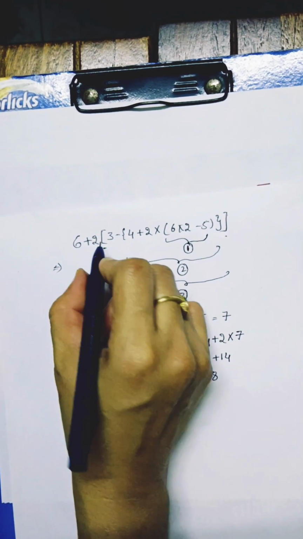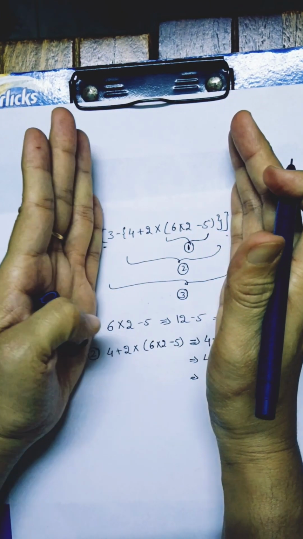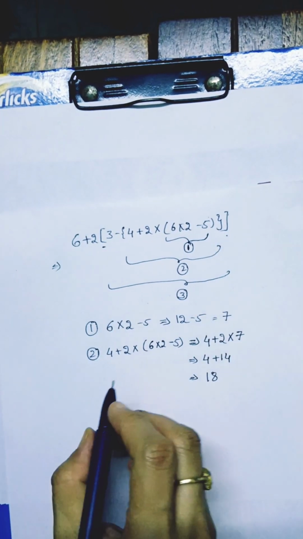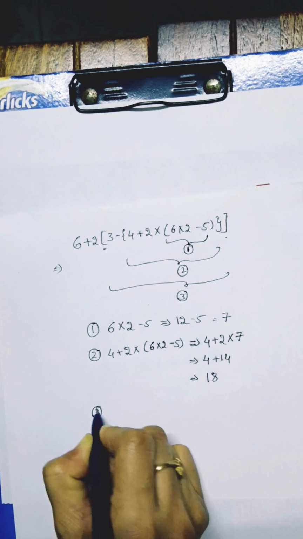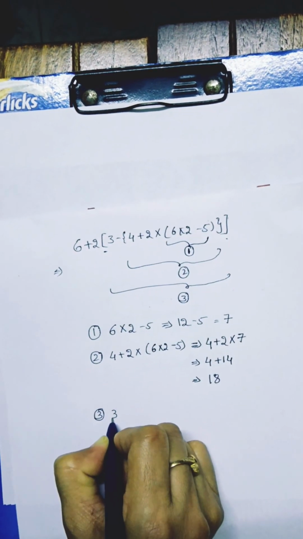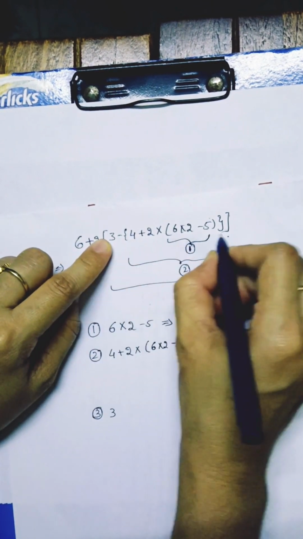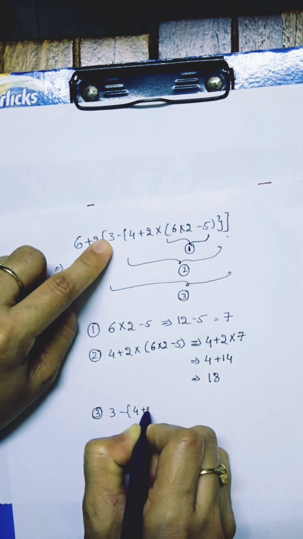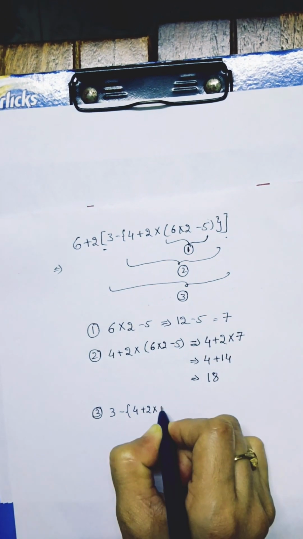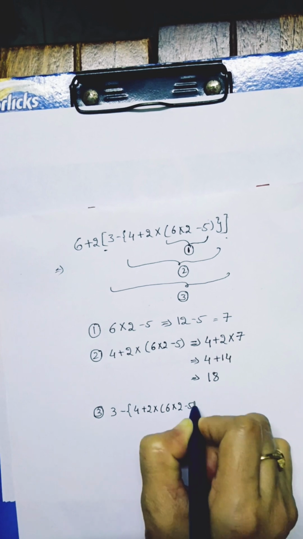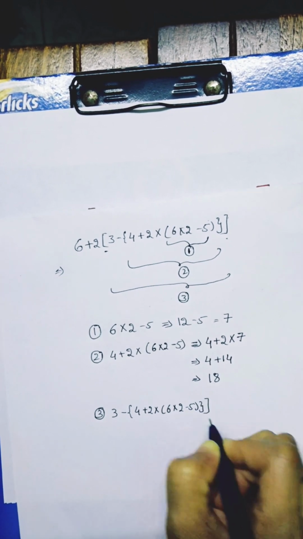Okay. Then we'll move to the last and final bracket, means the biggest bracket. So what is third? 3. I'm just entering the same: 3 minus bracket of 4 plus 2 multiplied by bracket of 6 multiplied by 2 minus 5 bracket close.